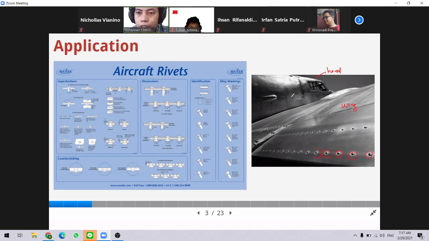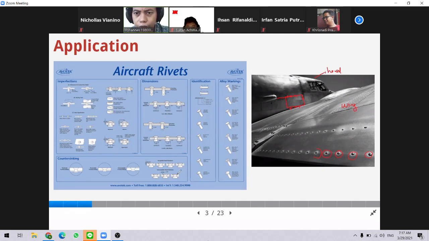Many aluminum plates are stitched together to form the body of the airplane, using many rivets on the body.